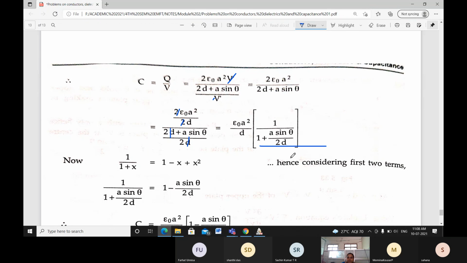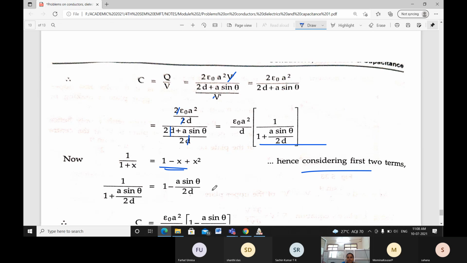And observe here, 1 divided by 1 plus x is nothing but 1 minus x plus x square. Considering only the first two parts, I am going to take only this part. Therefore, 1 plus a sin theta divided by 2d, I can write as 1 minus a sin theta divided by 2d.